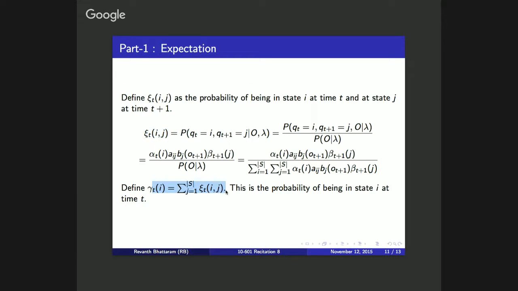We use these terms over here, and now we use these calculated terms to re-estimate our parameters. So okay, now I've factored in my observations and got some probability that I can go from I to j at steps t and t plus 1, given my observation sequence.